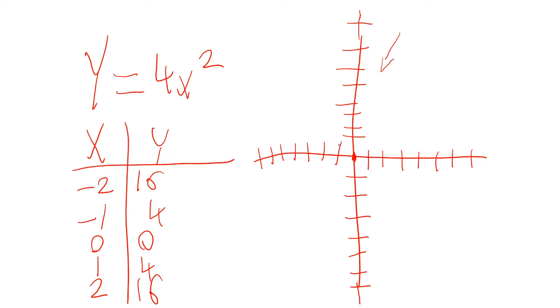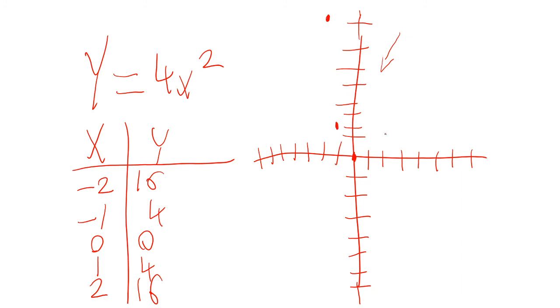So when x is -2, we would have 16. So I'm going to place a point at x = -2, y = 16. When x is -1, we have a 4. So 2, 4, that would be around here. When x is 0, we already have the origin down.